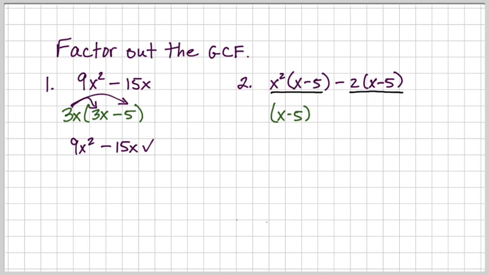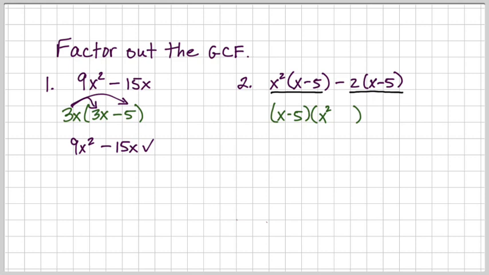We're going to have two terms since there's two terms here. And x minus 5 times this first term should equal x squared times x minus 5. Well, we need an x squared there.